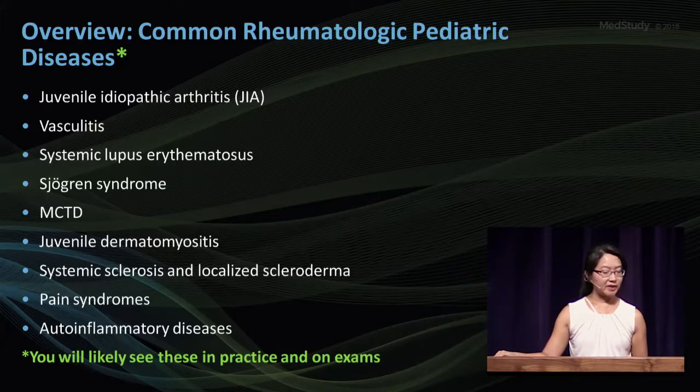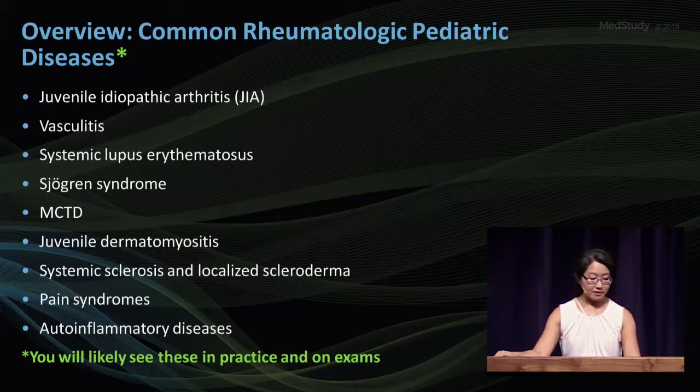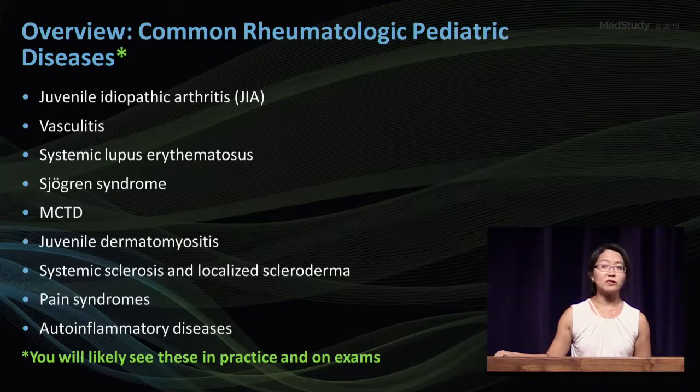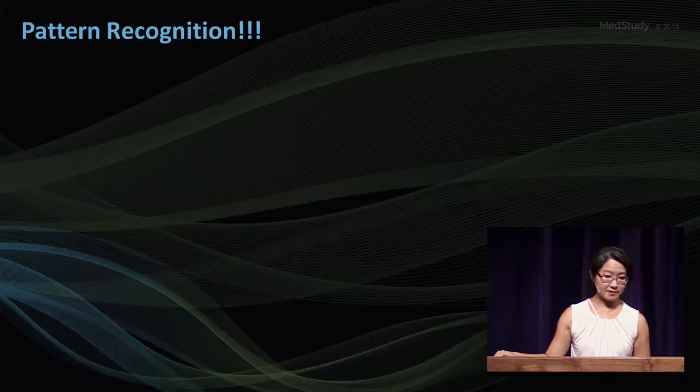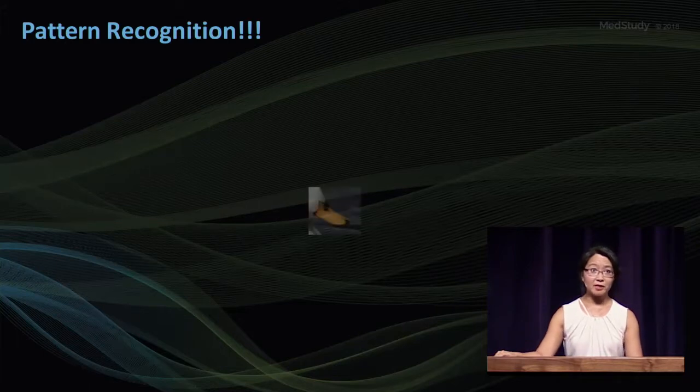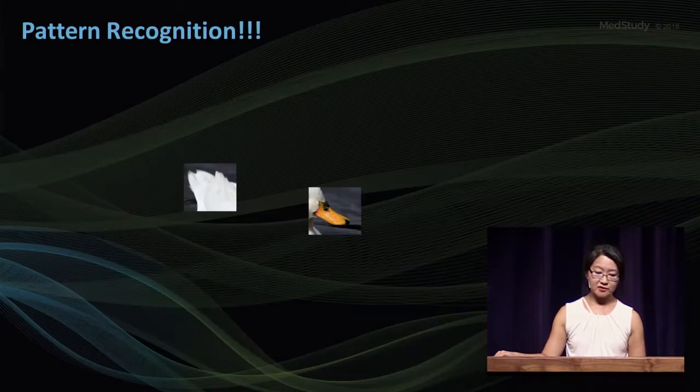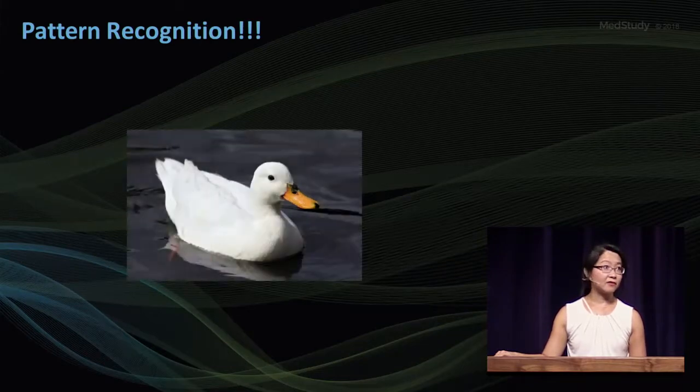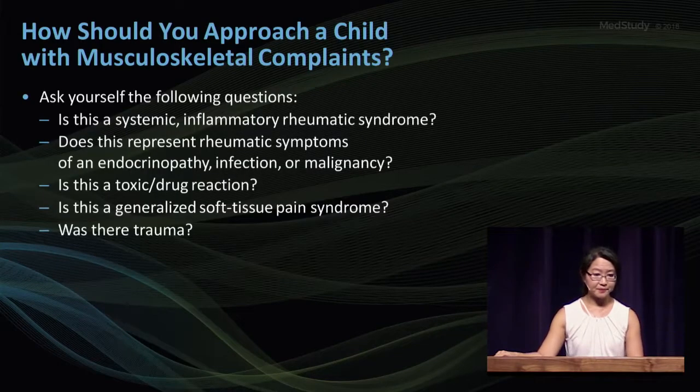The topics that I will be covering include juvenile idiopathic arthritis, systemic lupus, vasculitis, Sjogren's disease, mixed connective tissue disease, juvenile dermatomyositis, systemic sclerosis, and localized scleroderma such as morphea, the pain syndromes, and then finally autoinflammatory diseases, which are different from autoimmune diseases. Remember, pattern recognition, no one lab will make the diagnosis. So if you start to see something, you'll find and figure out the diagnosis.